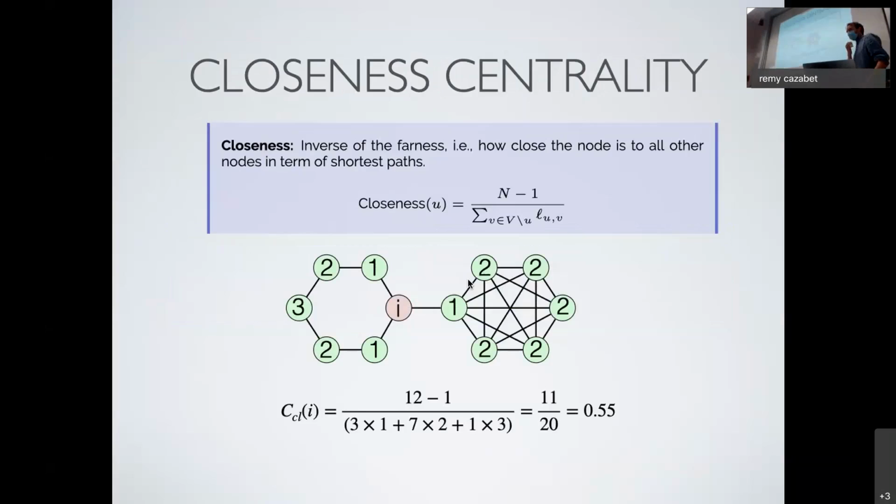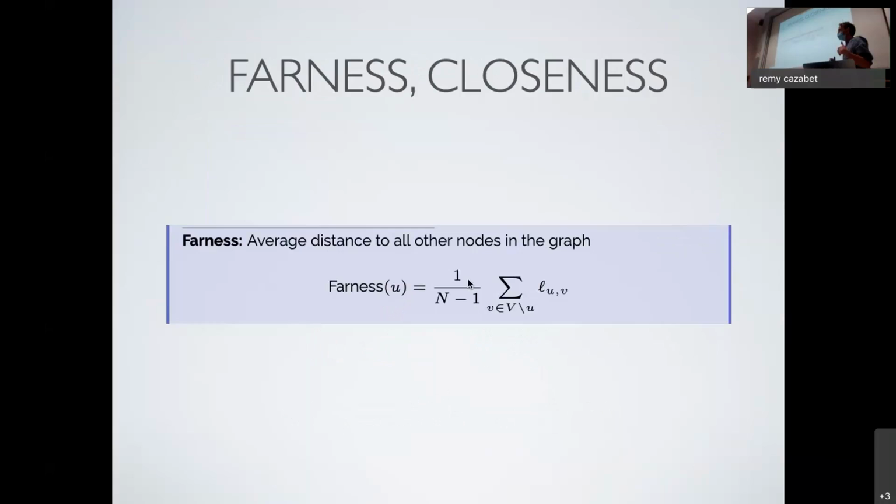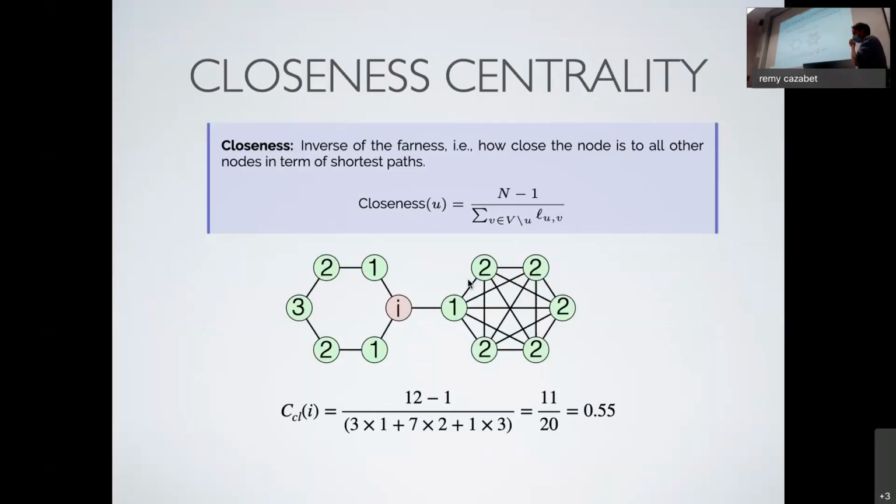In the other centralities, we usually like it when you have a high score for the most central nodes, right? But in the farness, it's the contrary. If you have a high value, it means that you're far from everyone, so you're not in the center. That's why we prefer to use, instead of the farness, the closeness. The closeness is just the inverse of the farness.